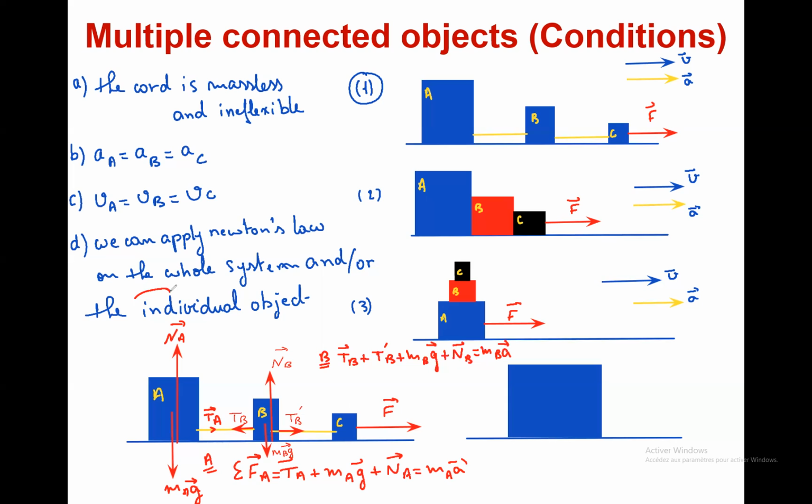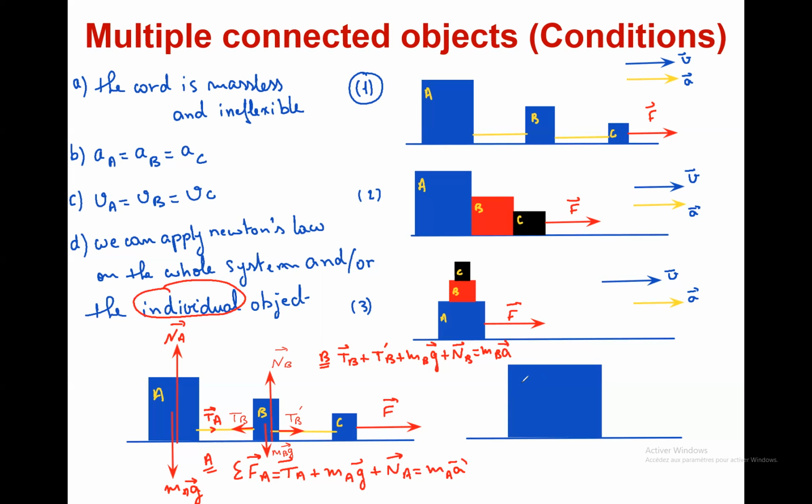So about the individual object, we can apply Newton's law. Also, because these objects are connected and they are moving in one direction, we can apply Newton's law on the whole system.